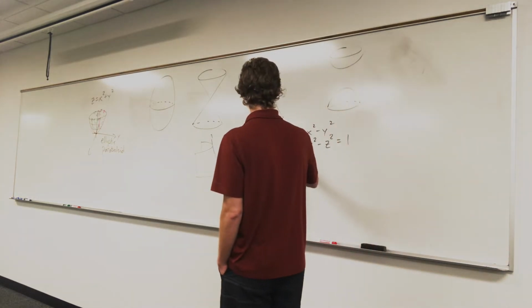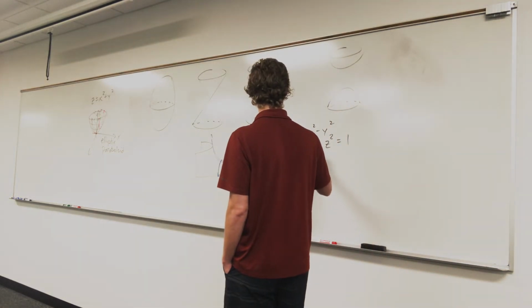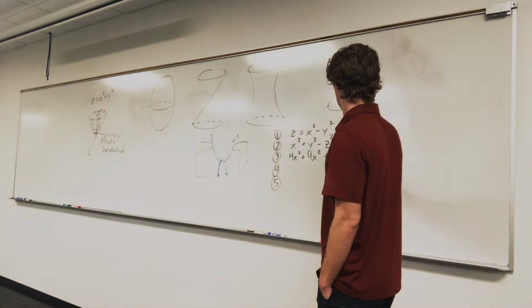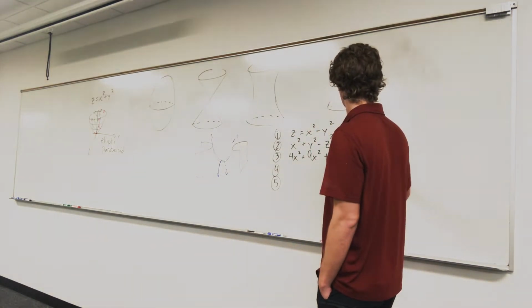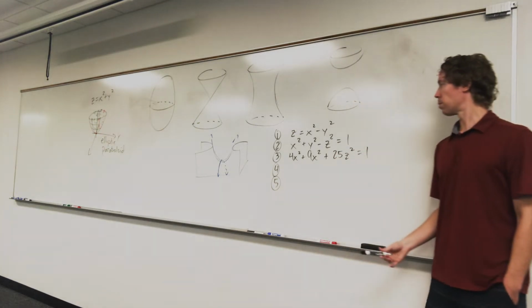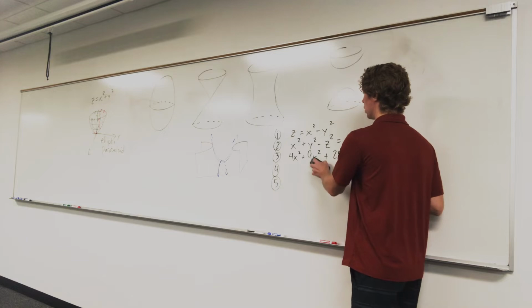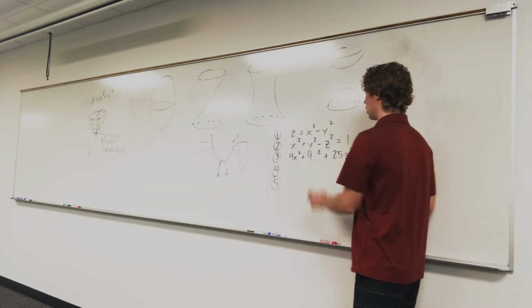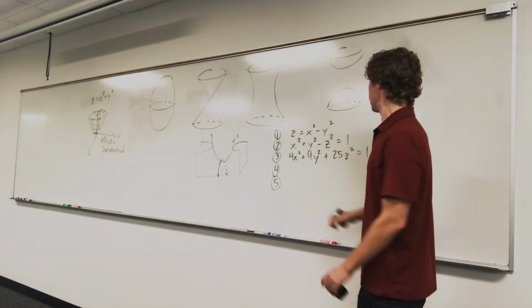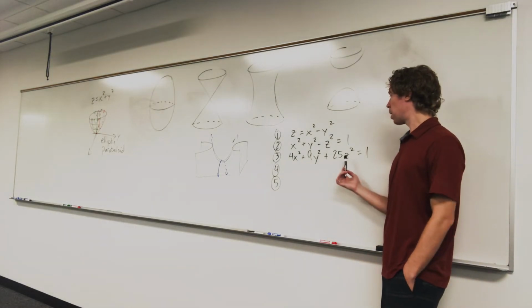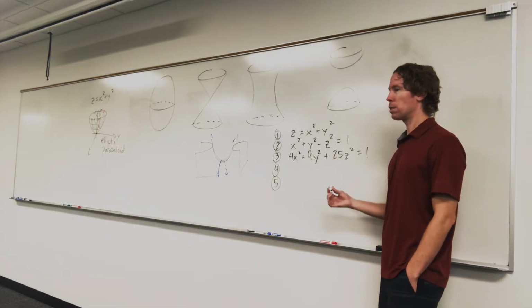You could have something like this. So this time I have all pluses. Oh, I keep writing down the wrong variables. I wanted to have all 3 variables there. In this case, I have all 3 of them squared, and all 3 of the coefficients are positive.